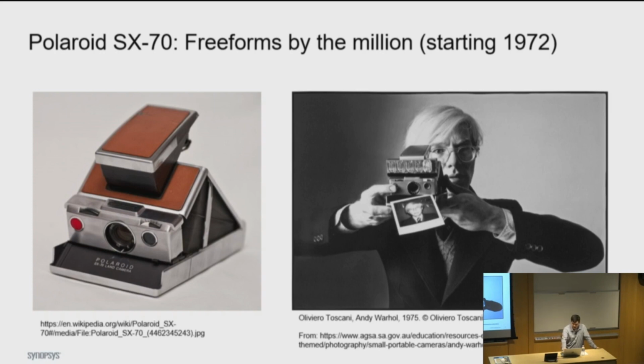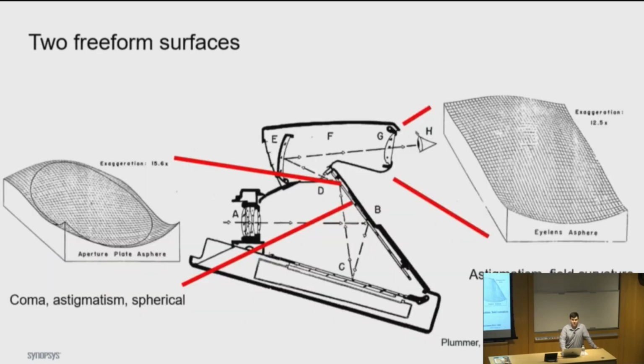And believe it or not, the viewfinder in this featured not one but two freeform surfaces. The freeform surfaces were present in order to handle the sorts of things that we've been talking about here, which is to handle a system that has been tilted, in this case to enable its use as a viewfinder.